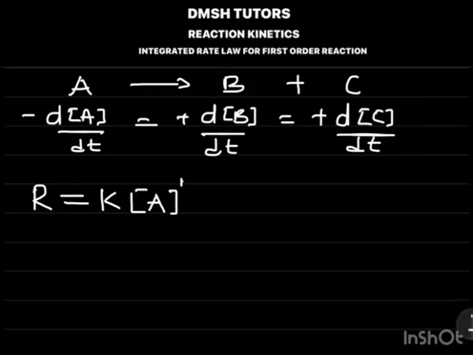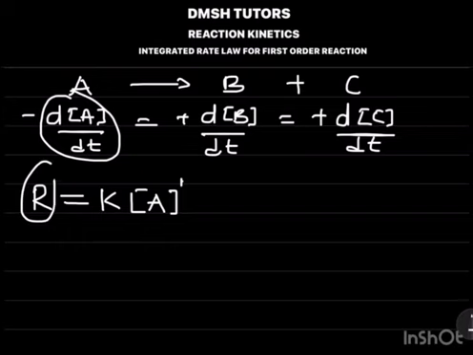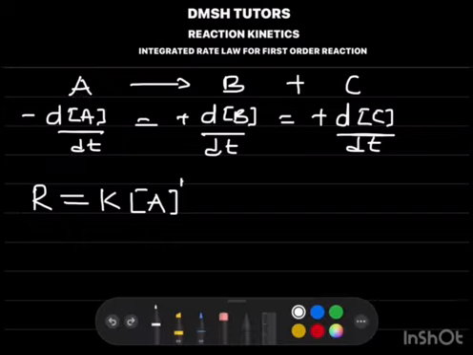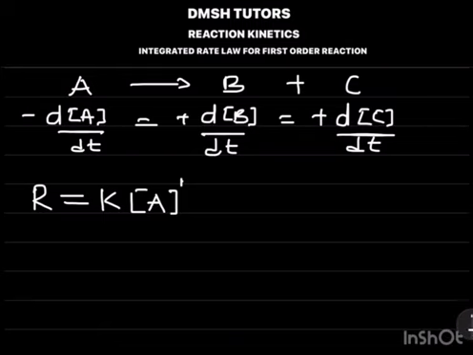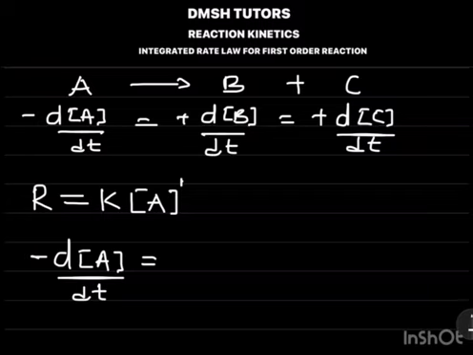Since R and this one are both representing the rate of reaction, we can now equate the two of them. So therefore we have minus d[A]/dt equals k[A].